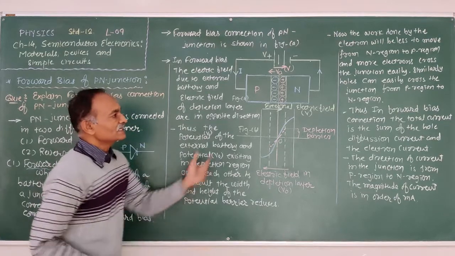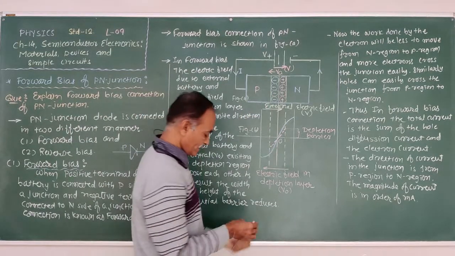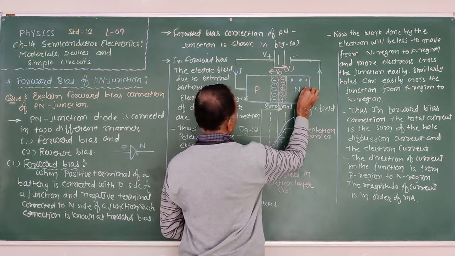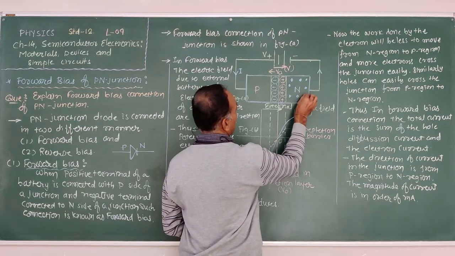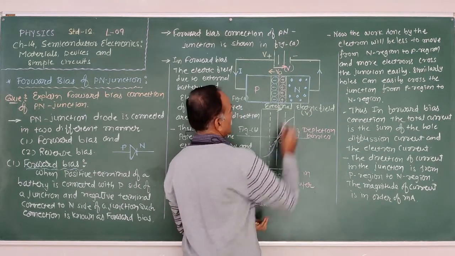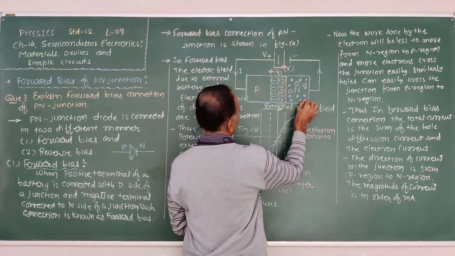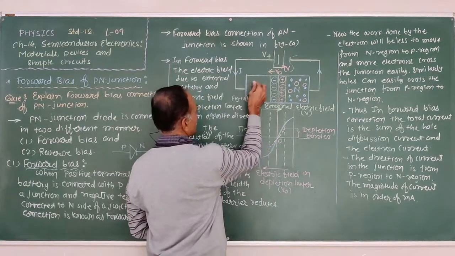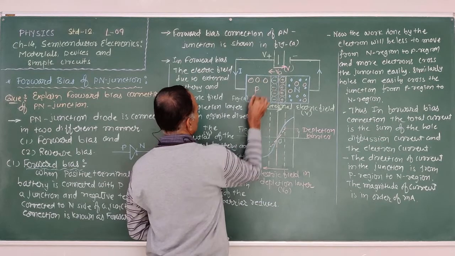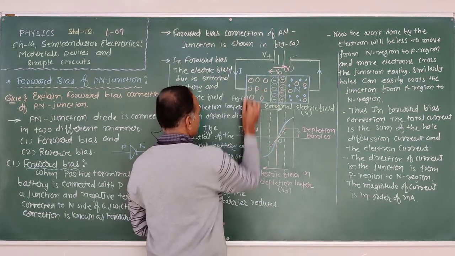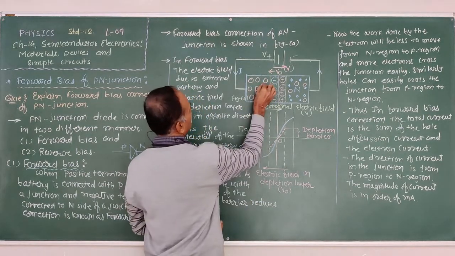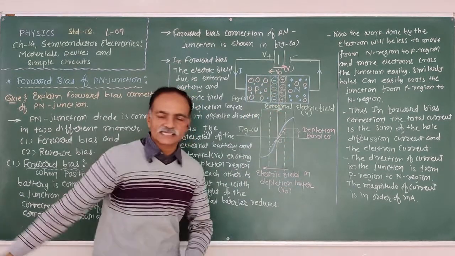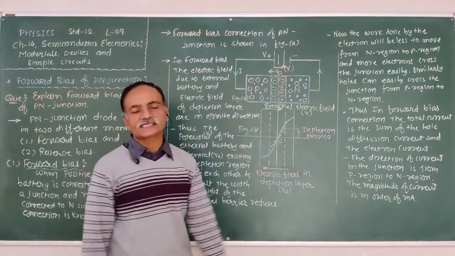When the PN junction is formed, in the N-type region the majority charge carriers are electrons, while the minority charge carriers are holes. In the P region, the majority charge carriers are holes, while electrons are the minority charge carriers.